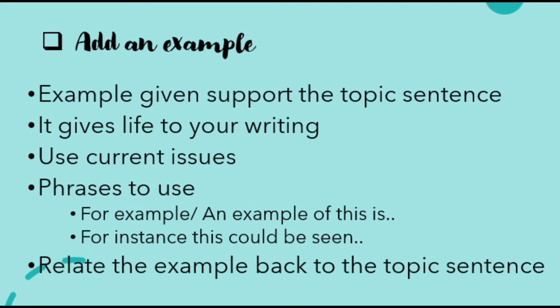It can be current issues that you read in the papers, and something that you are aware of that is happening online, for instance. To write your example, use words like for example, an example of this is, for instance, this could be seen, and etc. for writing your example. Next is for you to relate the example back to the topic sentence.